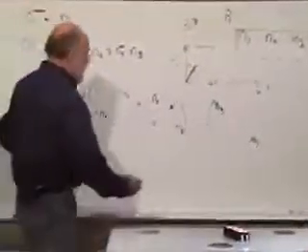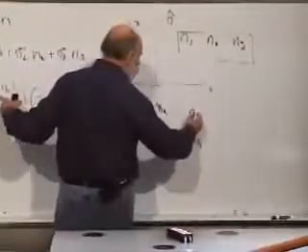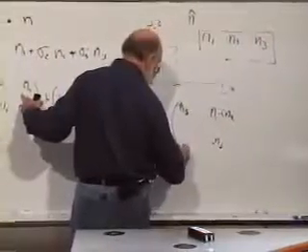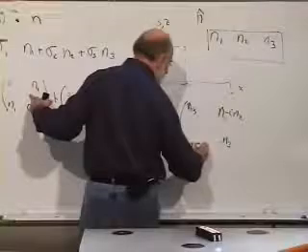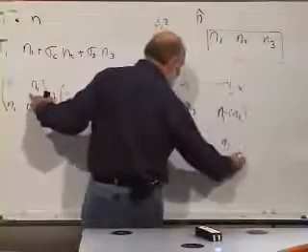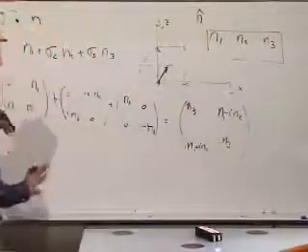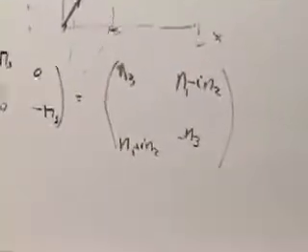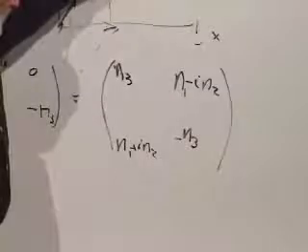We get n1 minus i n2 and n1 plus i n2. These are three components, n1, n2, and n3. The sums of the squares should be equal to 1 because it's a unit vector.